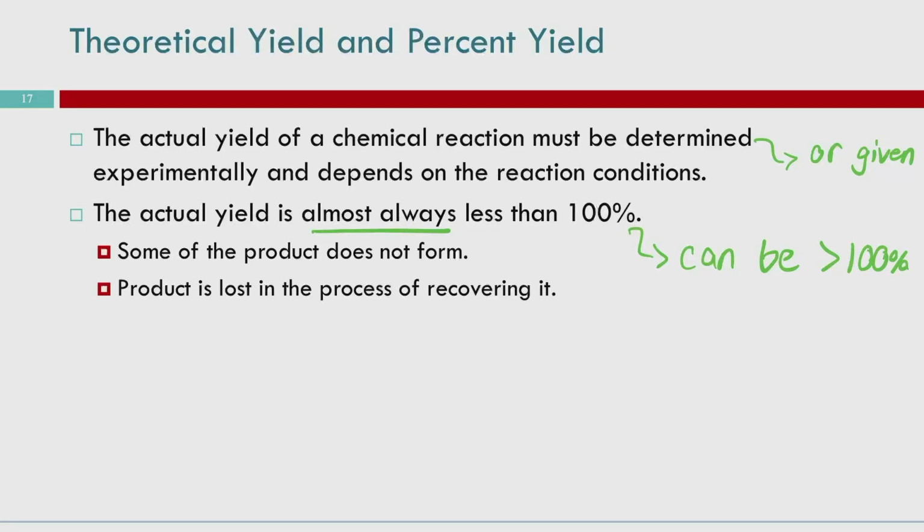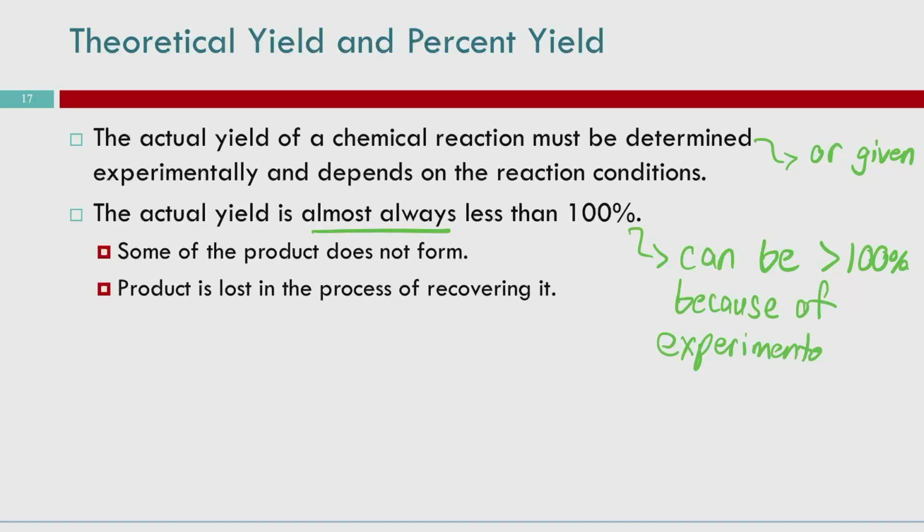If it's above 100%, we're not magically doing alchemy. We haven't created new things out of nothing. It's usually because of some error that we made. So it can be over 100% because of experimental error.